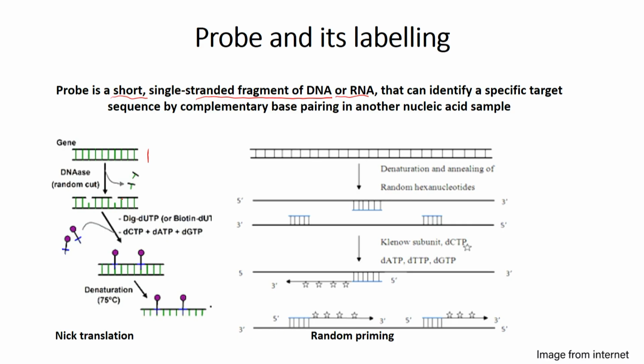Rather, it will be easy for the molecule to make 5' to 3' exonuclease activity, so that some part is removed and then 5' to 3' polymerization activity. So, this is a nick and then the nick is widened and then this is polymerized. This is called nick translation.